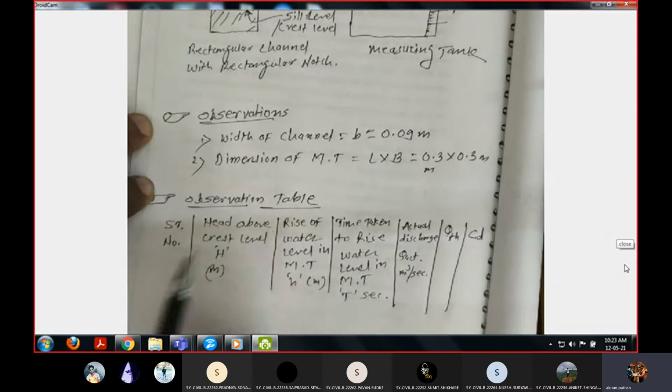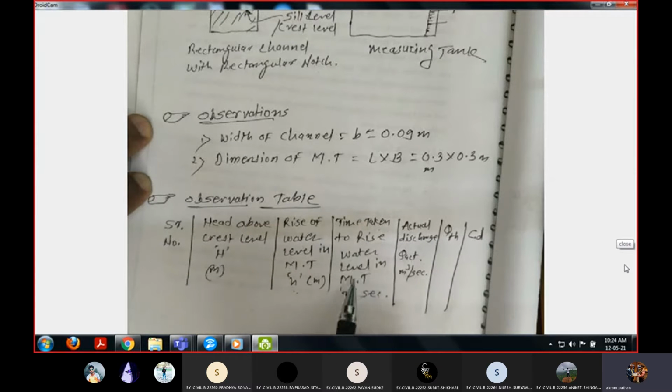So look at the observation table. In the first column we have the serial number. Then the second column is the head above the crest level in the channel. Then the rise of water level in the measuring tank, and the time taken to rise the water level in the measuring tank.